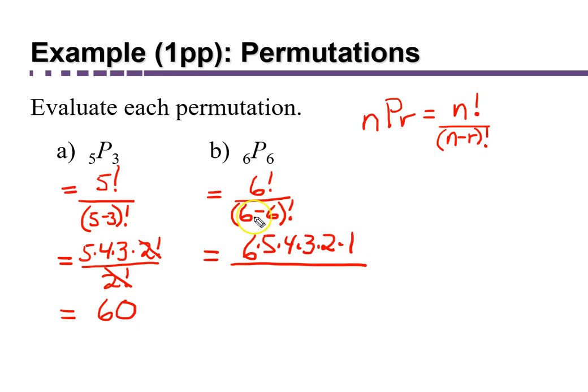Now 6 minus 6 is 0 factorial, and we had said that 0 factorial was 1, so all of this is over 1, and 6 factorial, which is this, comes out to 720.